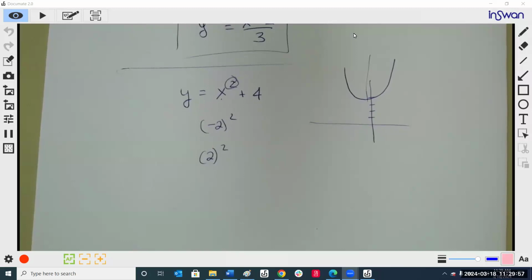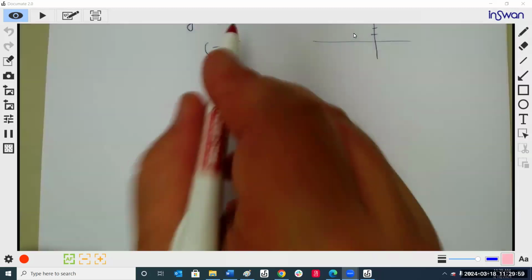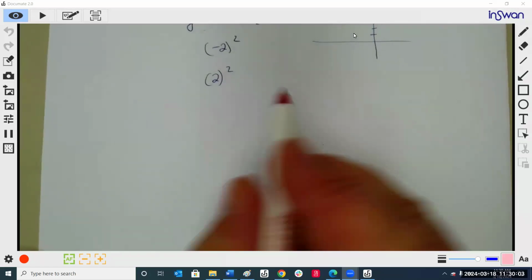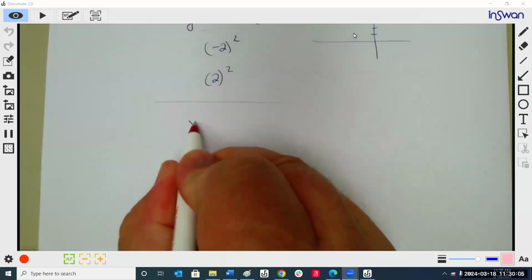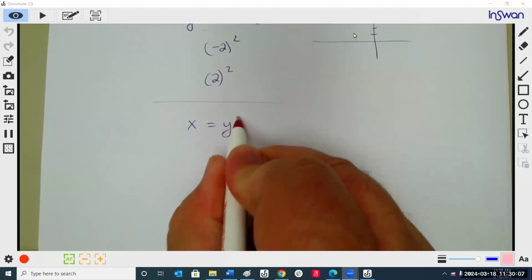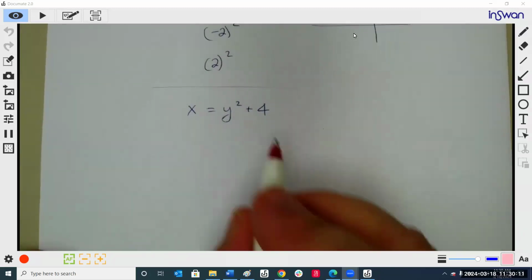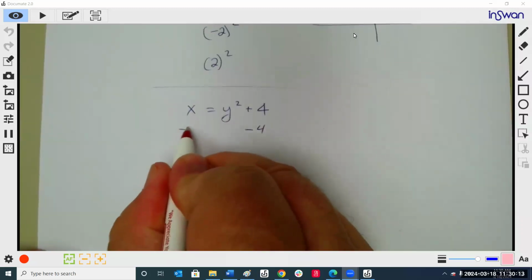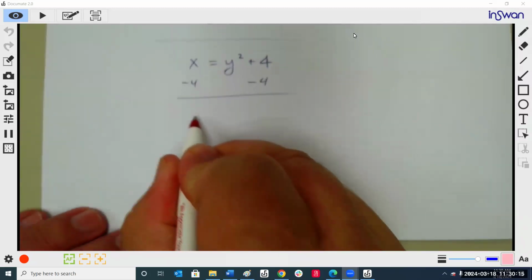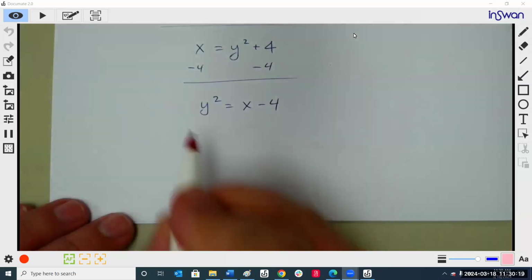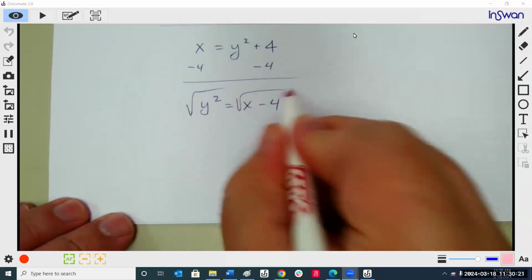Right. Let's see what won't happen when we try to solve this. If we try to solve this, remember, the first step is switch X and Y. Then what? Subtract 4. And then you square root.